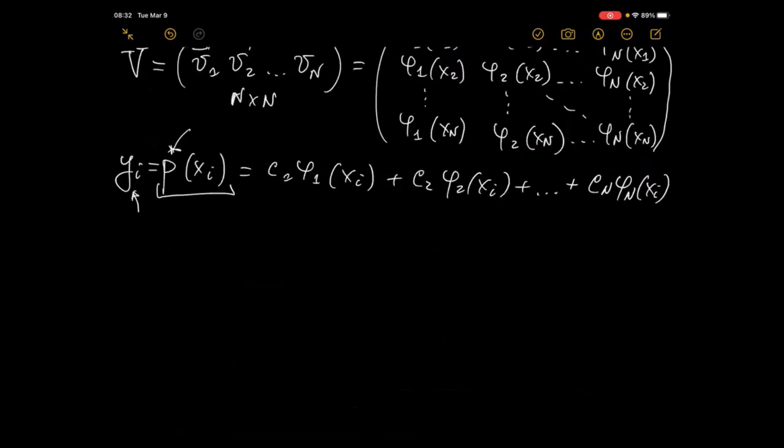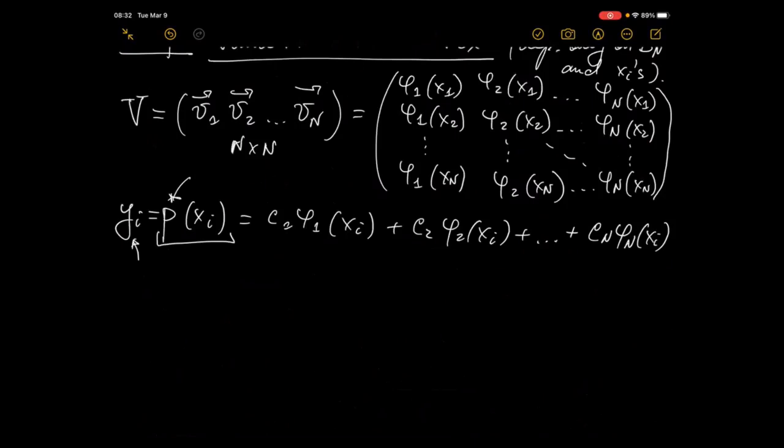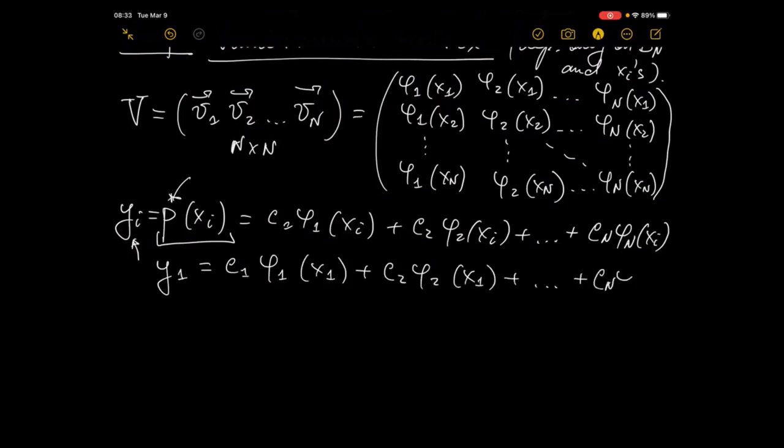But how can we write it? Let me just write it at the point x1. We are getting y1 equals c1 phi1(x1) plus c2 phi2(x1) and so on, right? At the point x2, it has to be equal to y2, right?